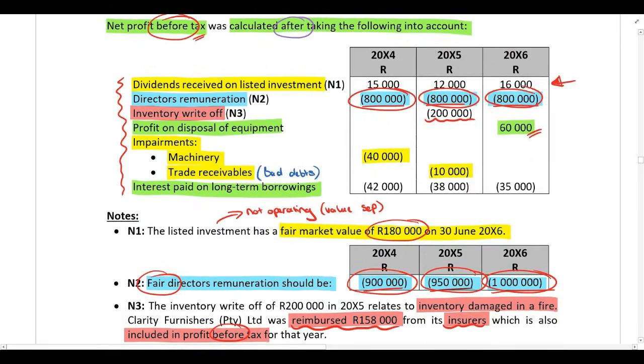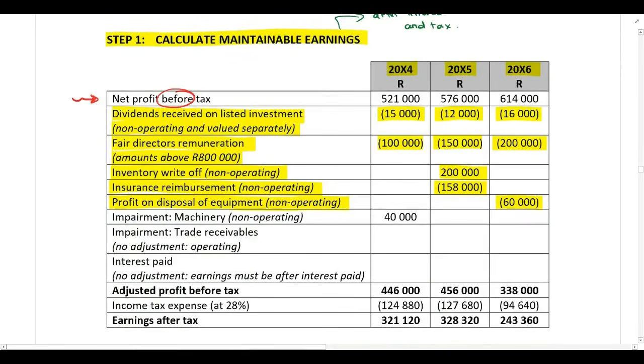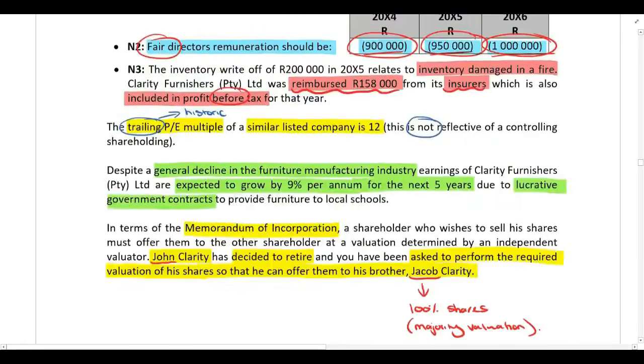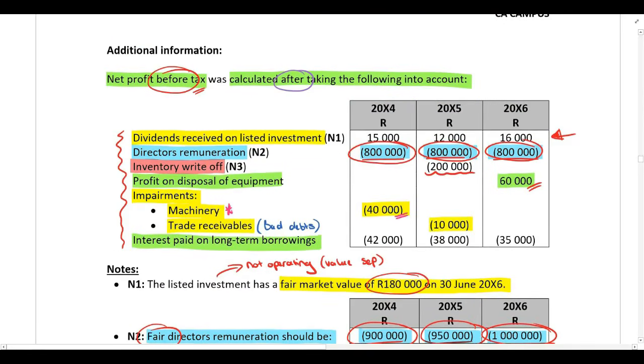We then have an impairment on machinery, and once again, this is also not operating in nature, so this cost needs to be excluded. So it will be added back to our profit before tax. However, on the other hand, the impairment of trade receivables or the bad debt write-off, that is operating in nature.